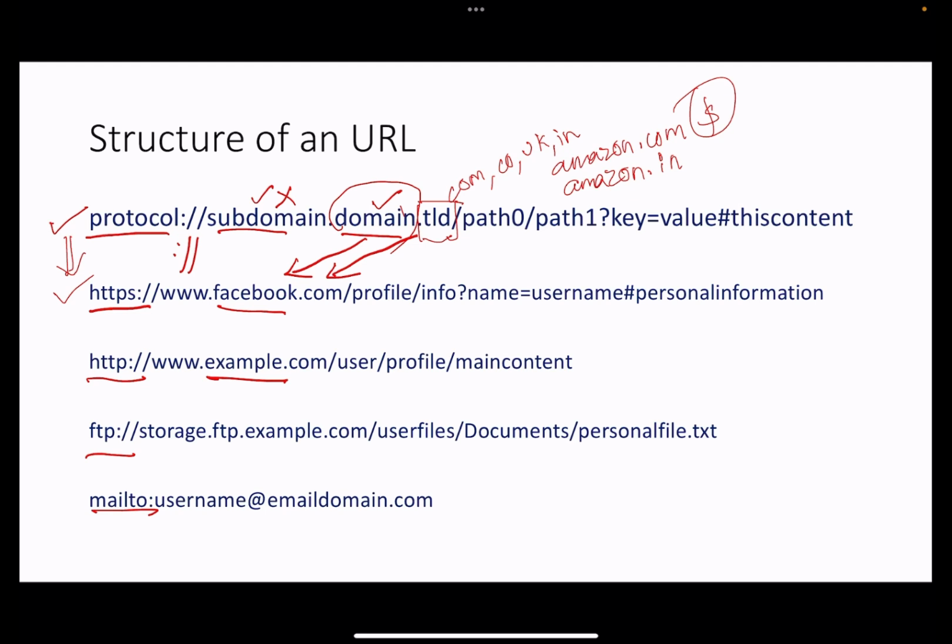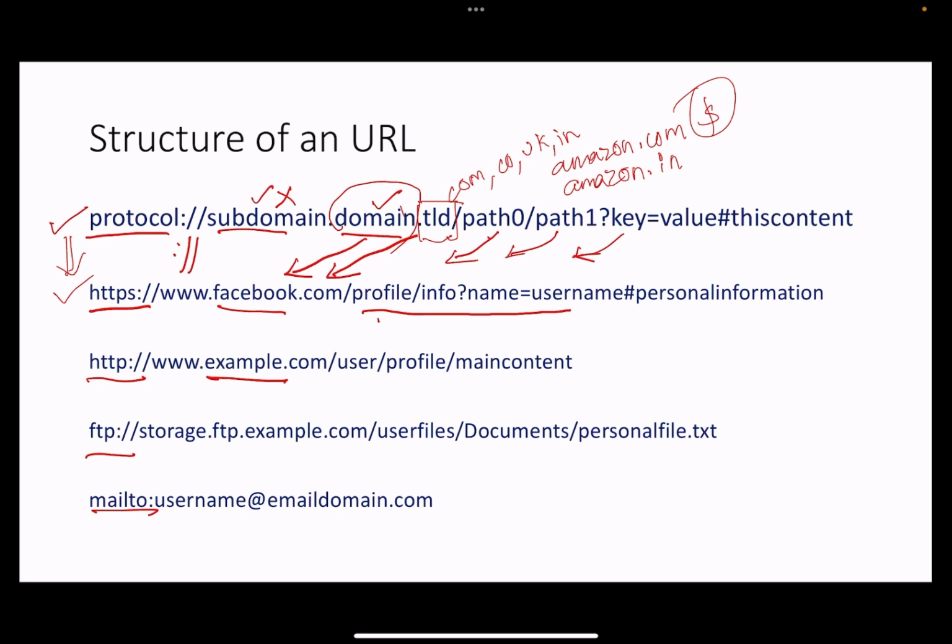Fine. And the path will be the exact location where we are going. So in facebook.com, we need to go to a profile, whatever we need to see, like timeline, profile, or photos. Everything will come after this .com.